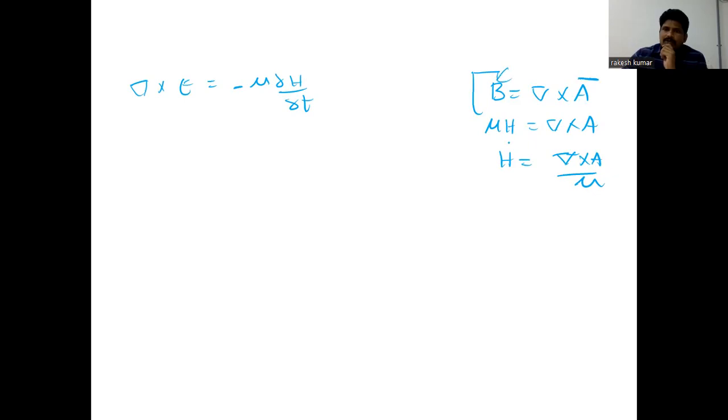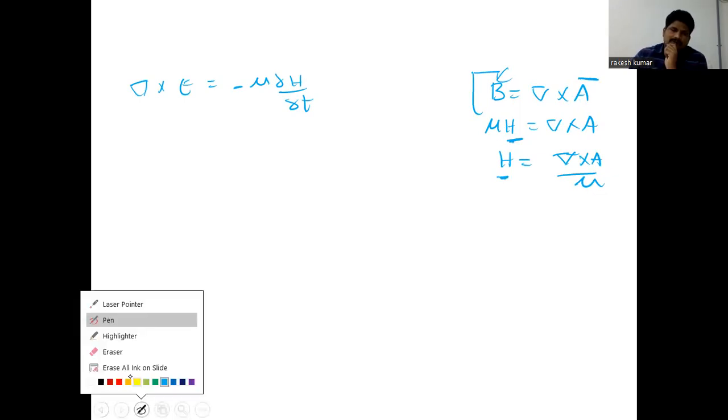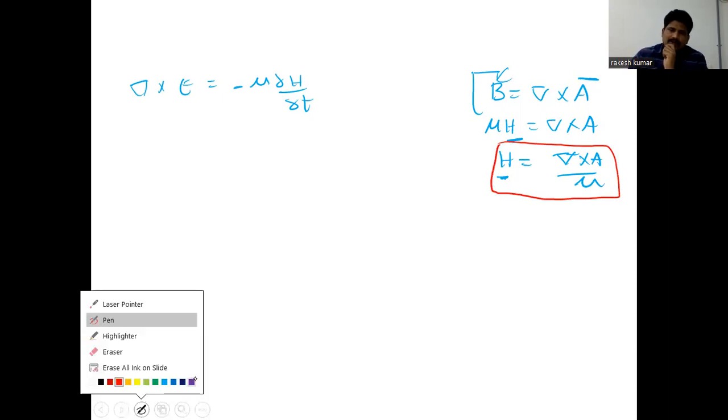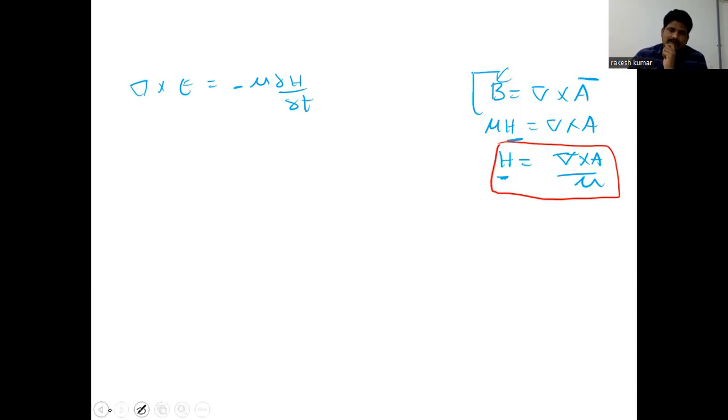Here A is vector potential, and B is the magnetic field, magnetic flux density, with B equal to mu H. So the value of H is equal to del cross A by mu.